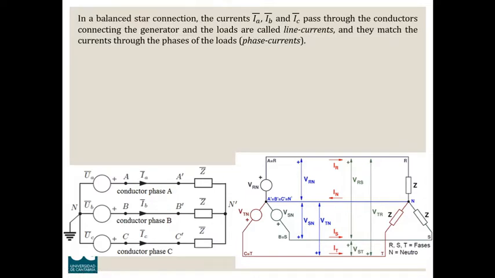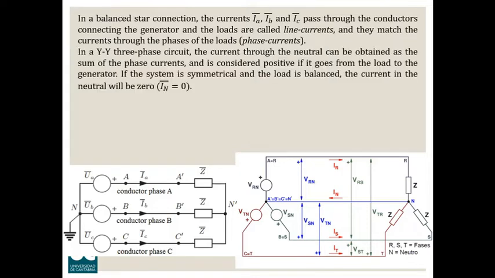When we have a balanced star connection, the currents IA, IB, and IC are called line currents, and they are going to have the same value as the currents which we call the phase currents. The phase currents are the currents that are passing through the loads, and in this case their value is exactly the same as the line currents.